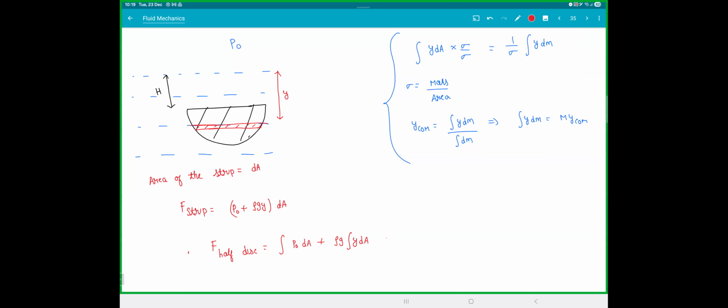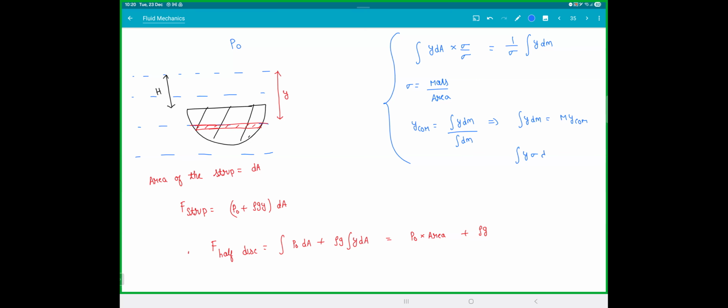So now when I integrate this, see what will happen. This will become P naught into area plus rho g. What is integral y dm? That is my center of mass. But what is integral y dm here? You needed a sigma there. Integral y dm, I'll just take out a sigma there. Wait.